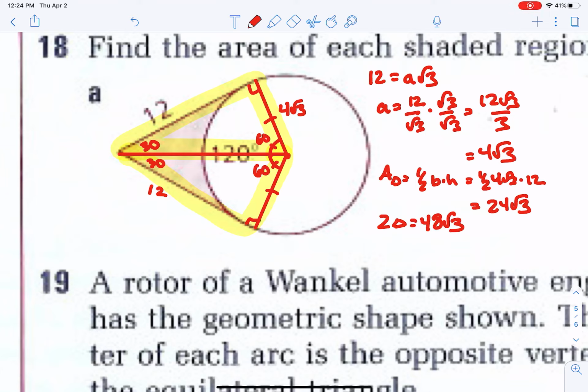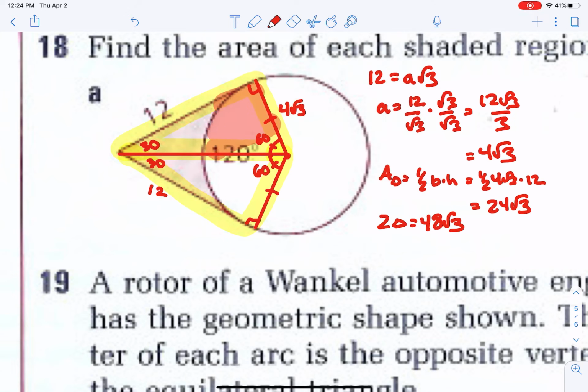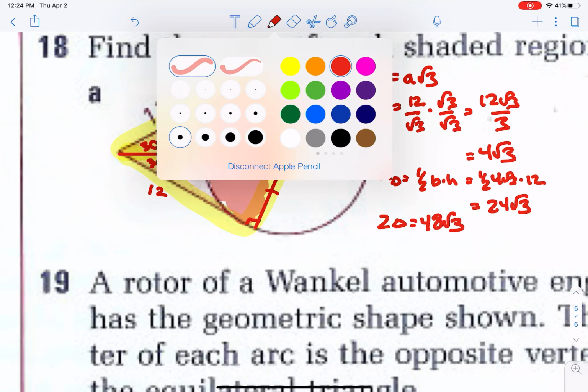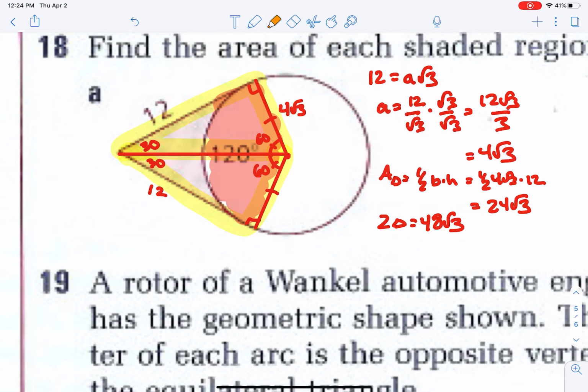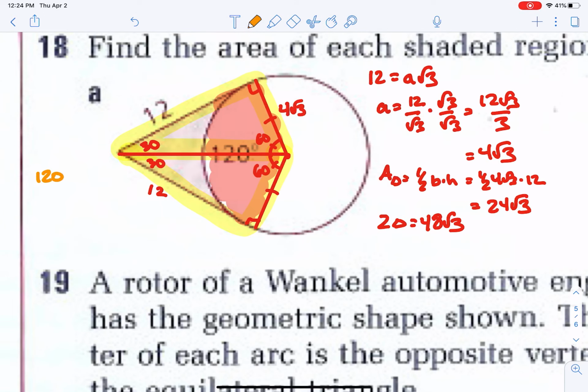Okay, so what we have to do now is subtract from the area of those two triangles this pi piece here. Well, that pi piece is 120 over 360 times pi times the quantity 4 root 3 squared.